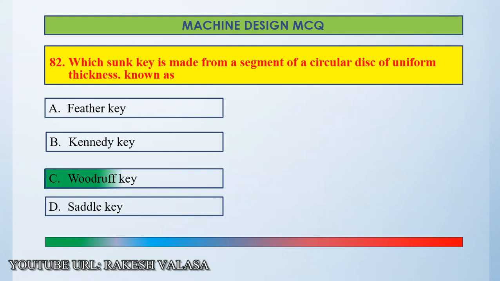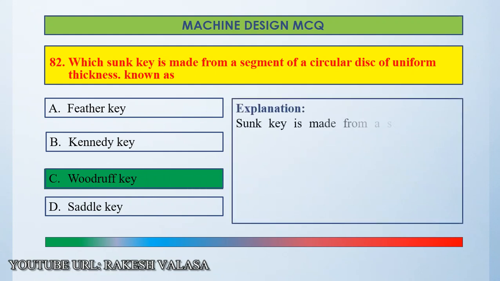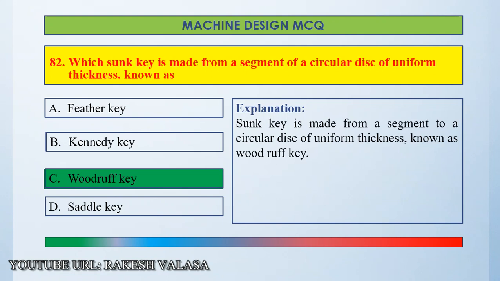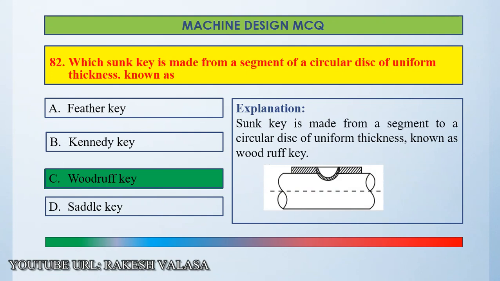Let us see the explanation. Sunk key made from a segment of a circular disc of uniform thickness is known as Woodruff key. You can also see the given figure. So the correct answer is option C, Woodruff key.